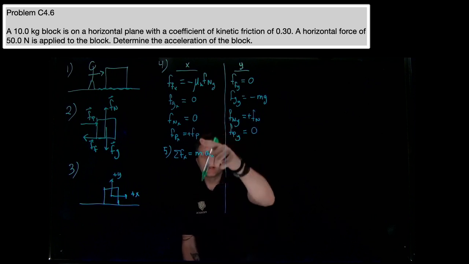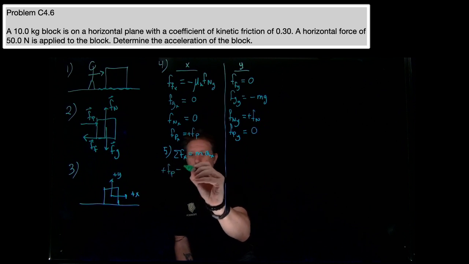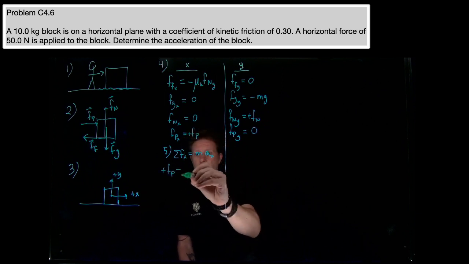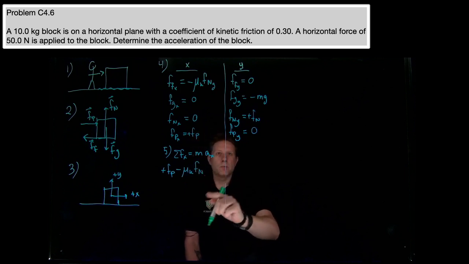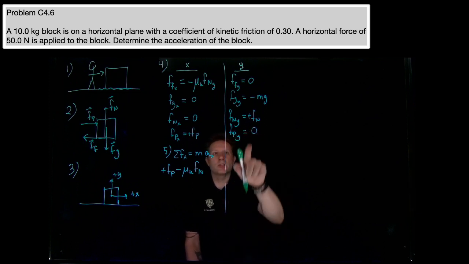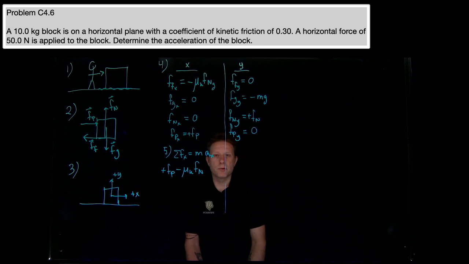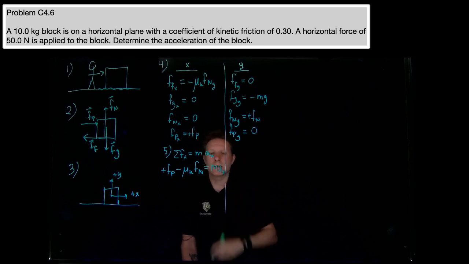Now we simply take these and add them together. So we have a positive pushing force, we have a negative contribution from the force of friction. Now we could write subscript y here as well, but we may also recognize from the decomposition of the normal force in the y direction that it is simply the normal force. So leave it at that, mass times the acceleration in the x direction.